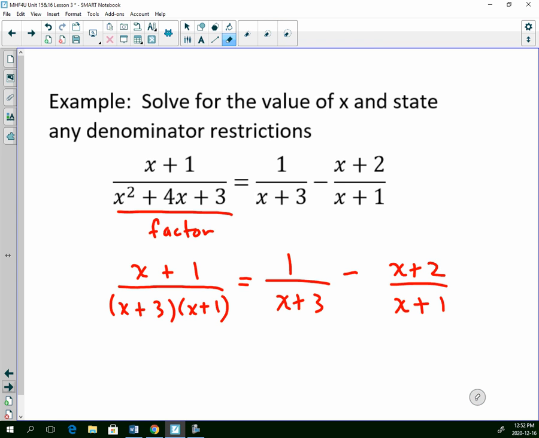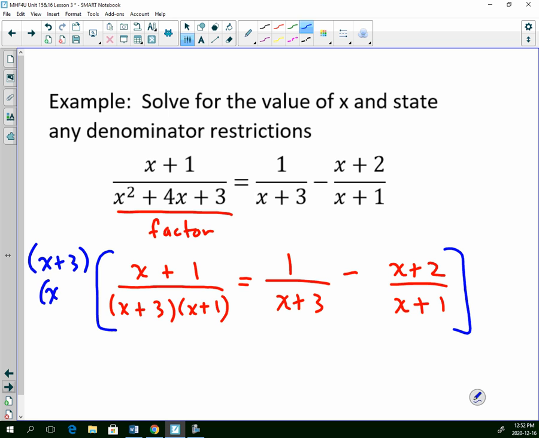So when I factor it, I see that the lowest common multiple would be x plus 3 and x plus 1. Okay? So in the first term, both the x plus 3 and x plus 1 would reduce, and we would just be left with the numerator.